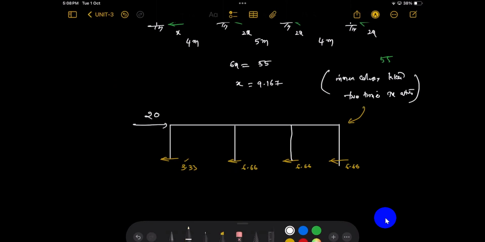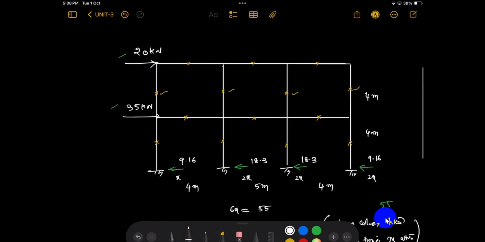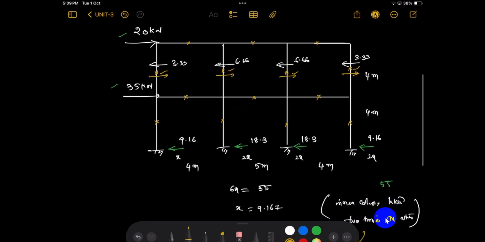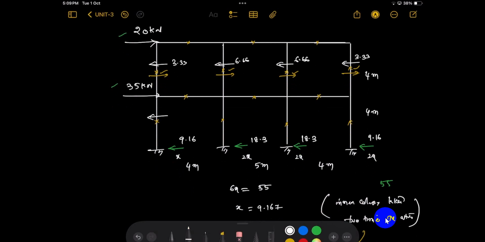I will write here: 3.33, 6.66, 6.66, 3.33. If you draw a free body like this, this value is exactly equal to this value, because it's a shear transfer. If you cut the free body, those two must be equal.